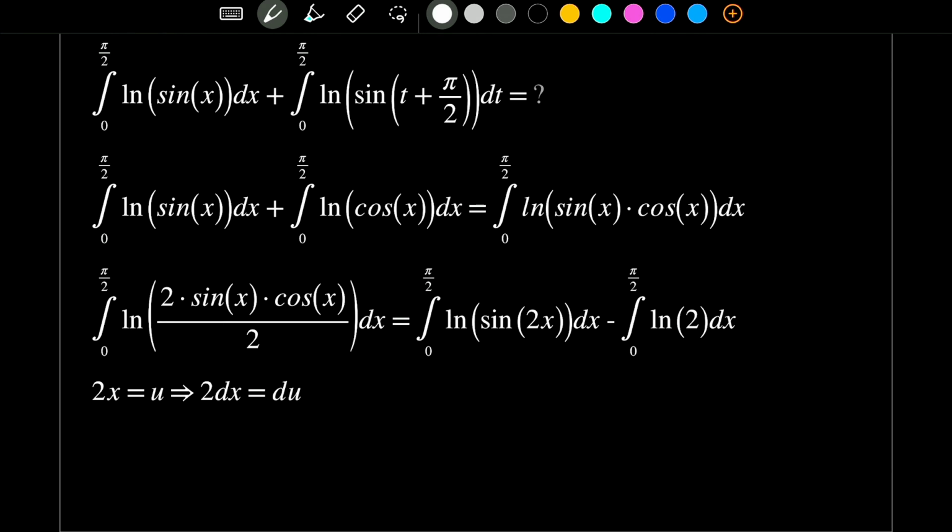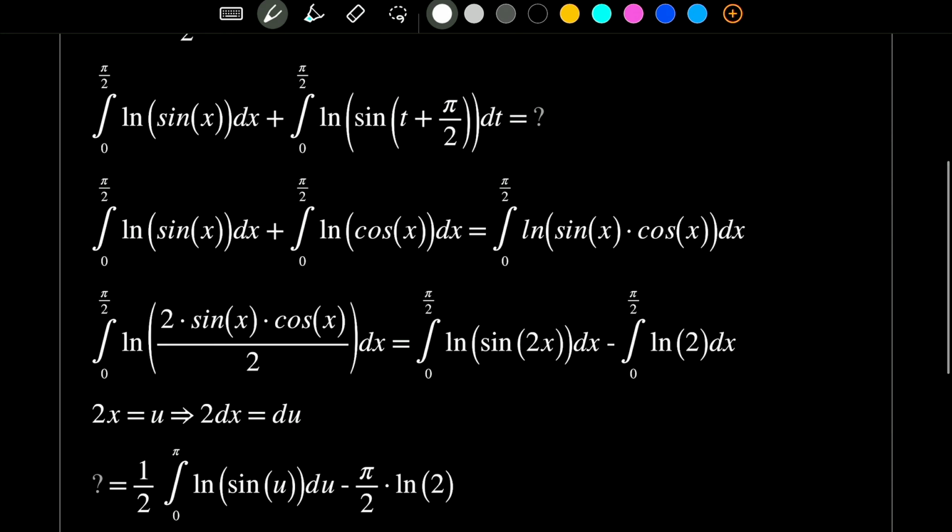So we're going to get the integral from 0, that bound doesn't change, up to pi, that does change because we just multiply by 2, and then the natural log of sine of u du. But then we have to take into account the constant that changes, so we have a half times that integral, and then also minus our simple integral from just now, minus pi over 2 times the natural logarithm of 2.